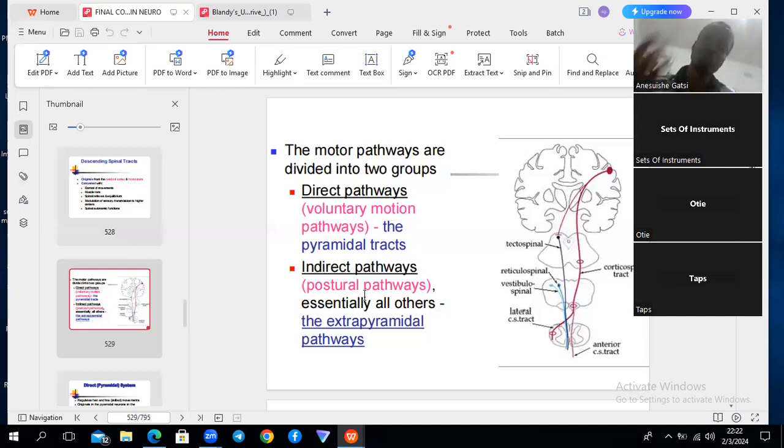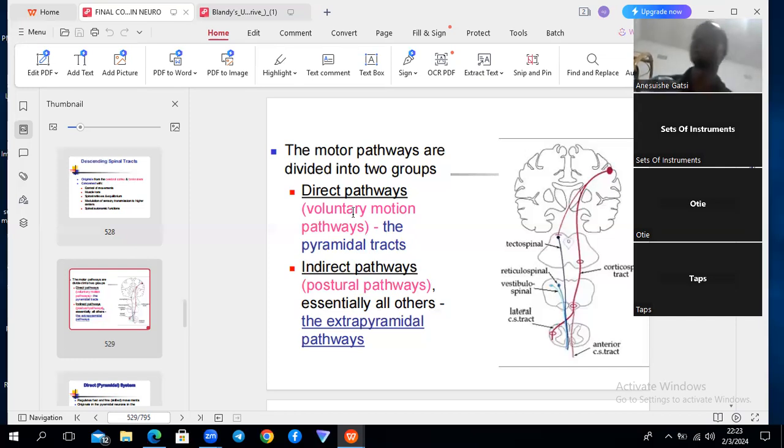So these are postural, as opposed to the direct pathway, which helps with the regulation of tone and muscle contraction, the day-to-day things we have been used to describing in anatomy. So just know that we have a pyramidal, which is the corticospinal, then everything else becomes extrapyramidal. Why are we calling them extra?